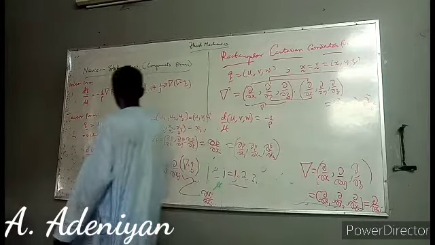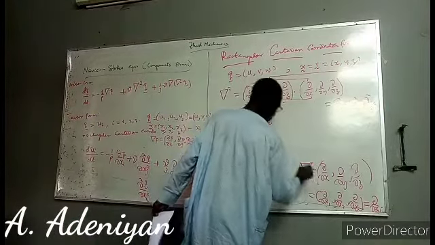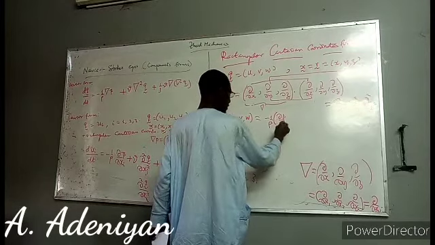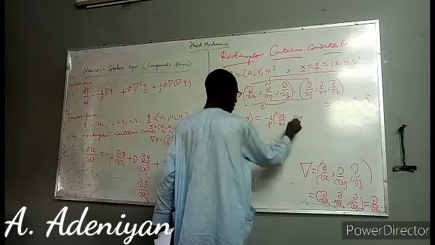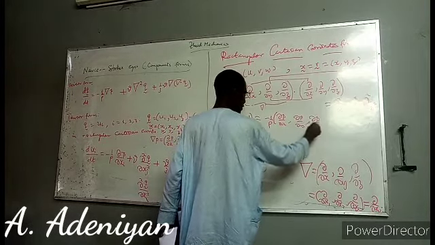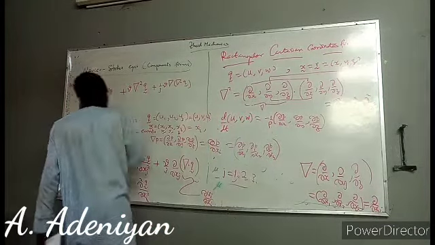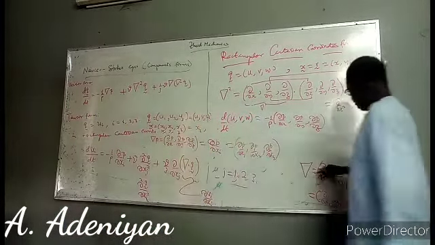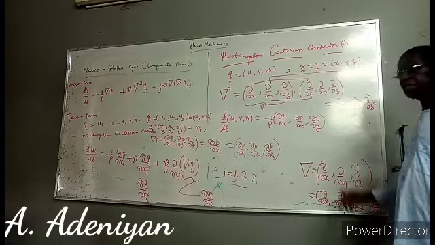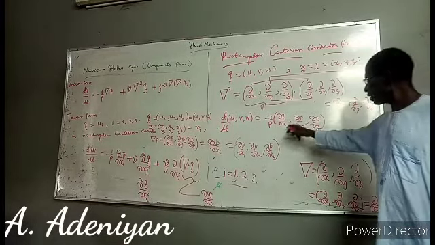My grad p is simply, you can see, just put p here, so that means I will have ∂p/∂x, ∂p/∂y, finally ∂p/∂z. That is this part, because grad is already the del operator. But when you put p here, that is grad of p. So you can see I've written the components.